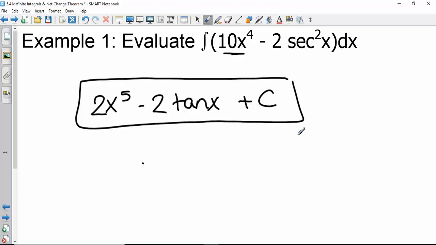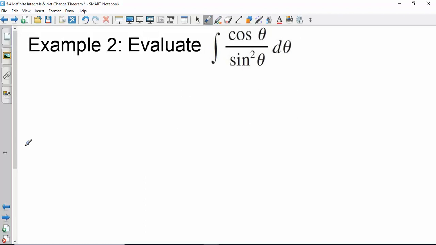Okay. Let's do a more challenging one. Integral of cosine theta over sine squared theta d theta. Can we do the antiderivative of a quotient like that?